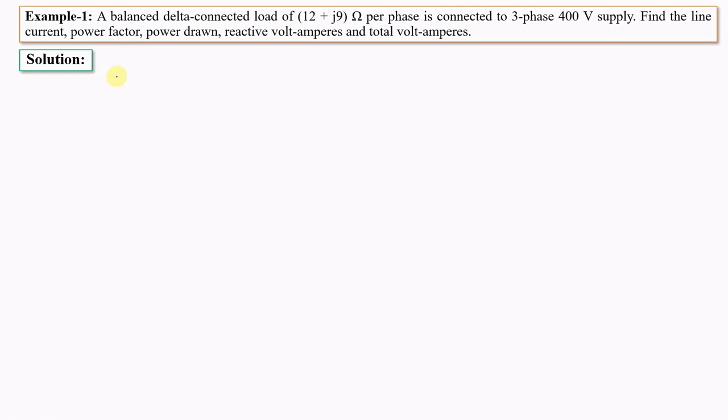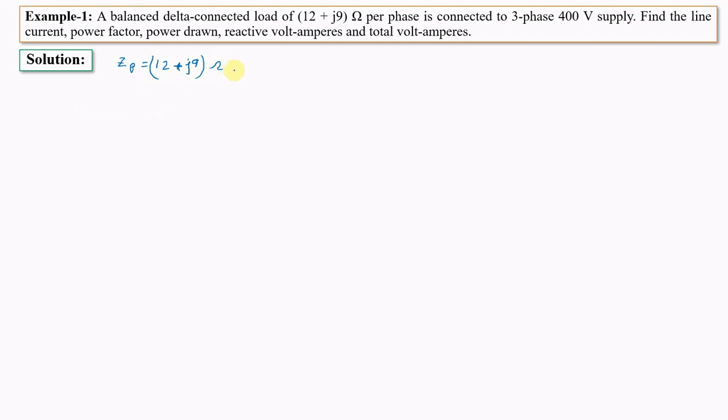Here in this question, the impedance per phase is given as 12 plus j9. This is the impedance per phase. It is given in the rectangular format of complex notation, where 12 is the resistance per phase and 9 is the inductive reactance per phase, because the sign is positive.